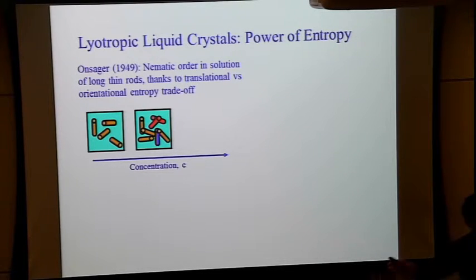Imagine a tank with water, and I throw some long rods in that tank. By entropy reasons, the rods should find all the corners of this tank and explore the entire volume available to them, so they just move around.